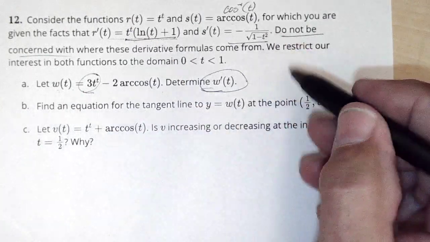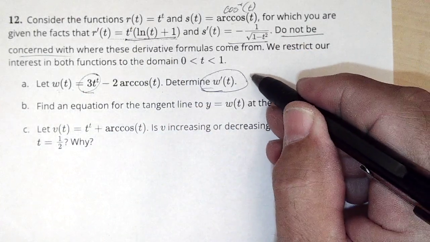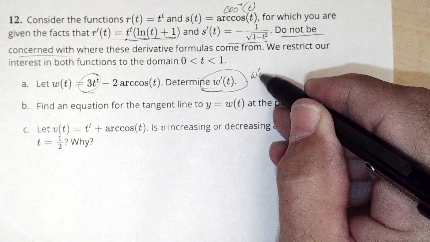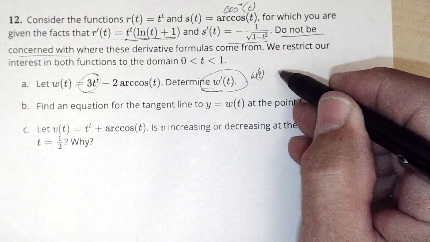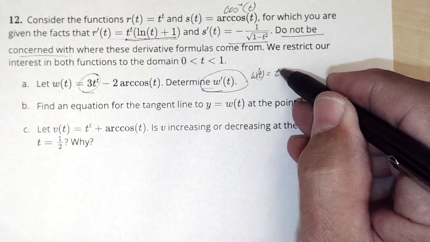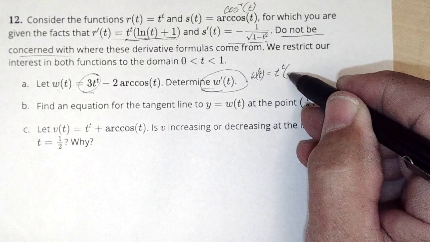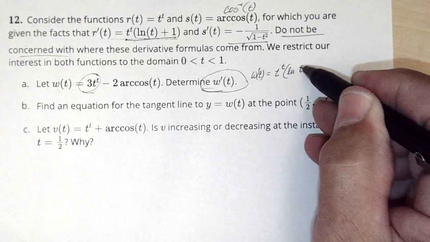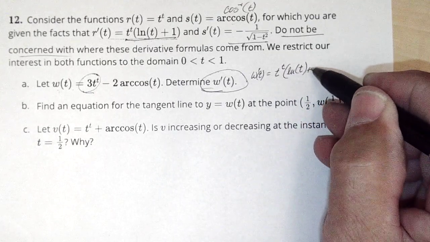So w prime of t is going to be t to the t, parenthesis, ln t plus 1.